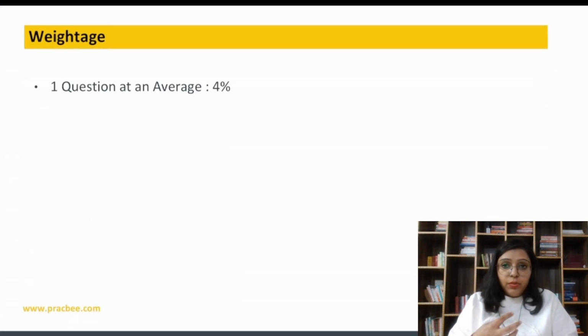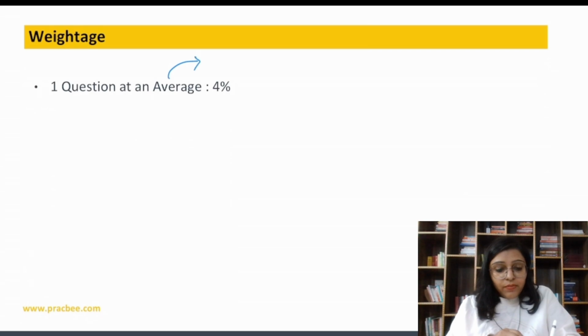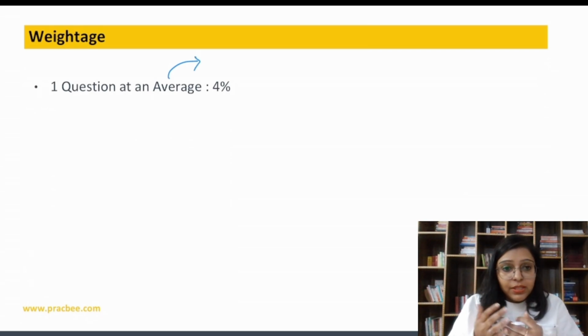If I talk about the weightage, all organic chemistry questions are interrelated. If I say how many questions are going to come specifically from this chapter, you can say one question on average. This is the trend in chemistry: basically one question is going to come from every chapter. So every chapter in chemistry is important.